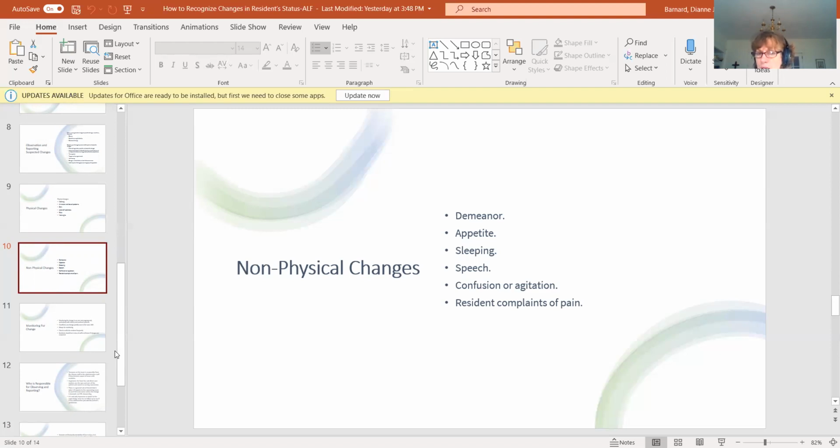It's usually delirium. Delirium is usually caused by a medication side effect or an infection or maybe even a stroke. So that acute confusion or agitation is a medical emergency. Lots of times your patients are sometimes confused or agitated, but an increase in that also needs to be reported.